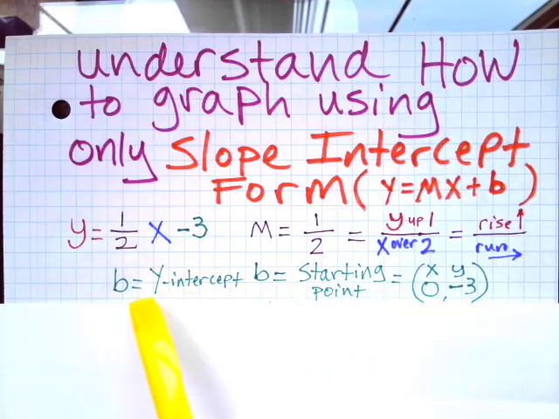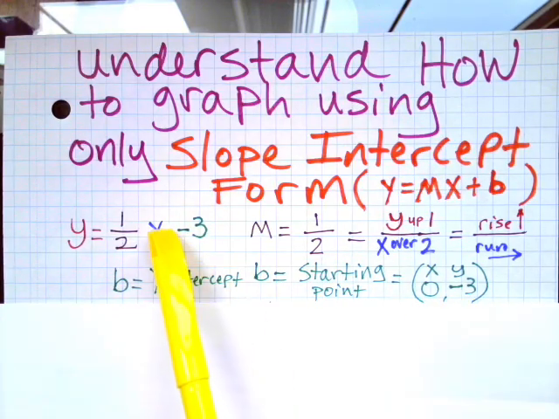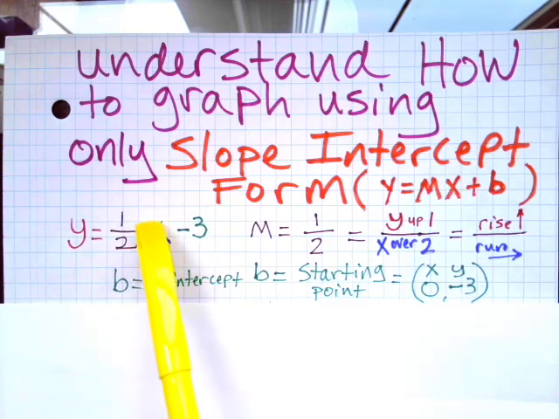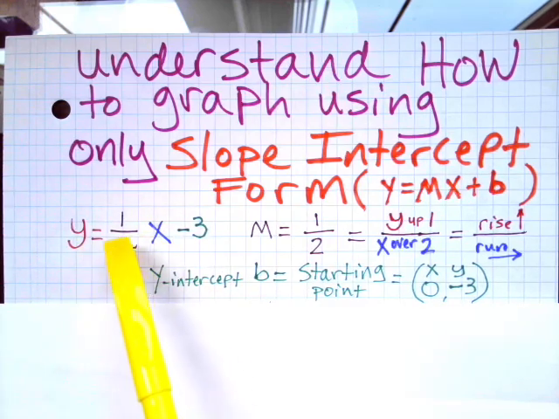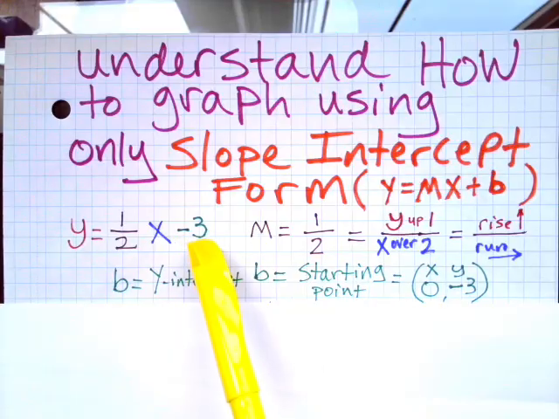Now we have to know where our starting point is. Well, our starting point is going to be our y-intercept, where x is equal to 0, y is equal to 3. If I was to substitute 0 for x, what's 1/2 times 0? Well, anything times 0 is 0. So y equals 0 minus 3, or 0 plus a negative 3. Y equals negative 3.